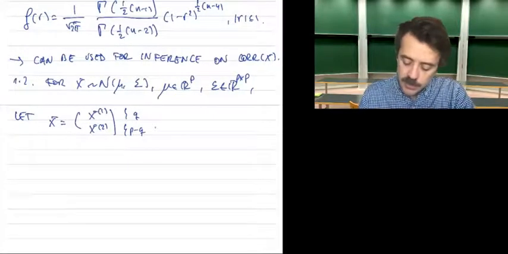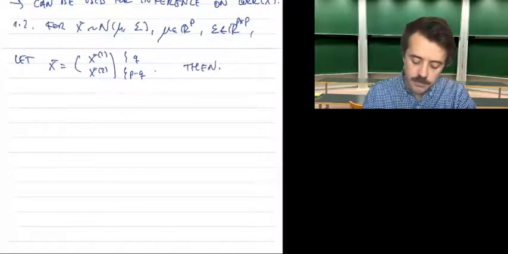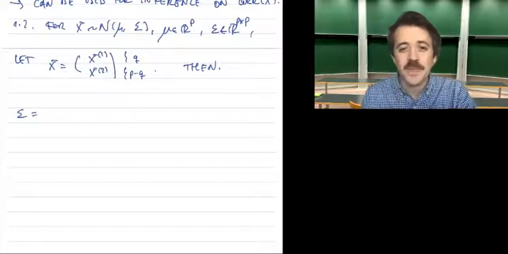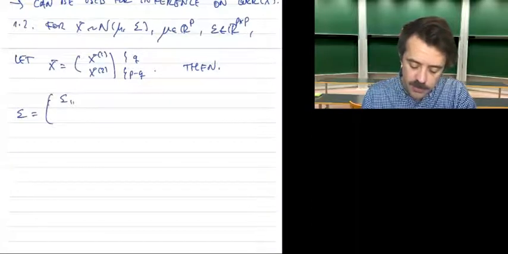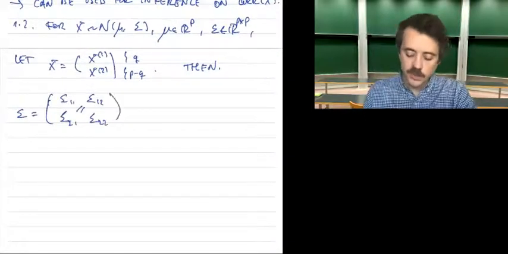Why am I writing this? Well, because I want to say that the capital Sigma can be written, I mean, this is not really any striking result, but I'm just saying it for completeness. By the way, these two should be equal.